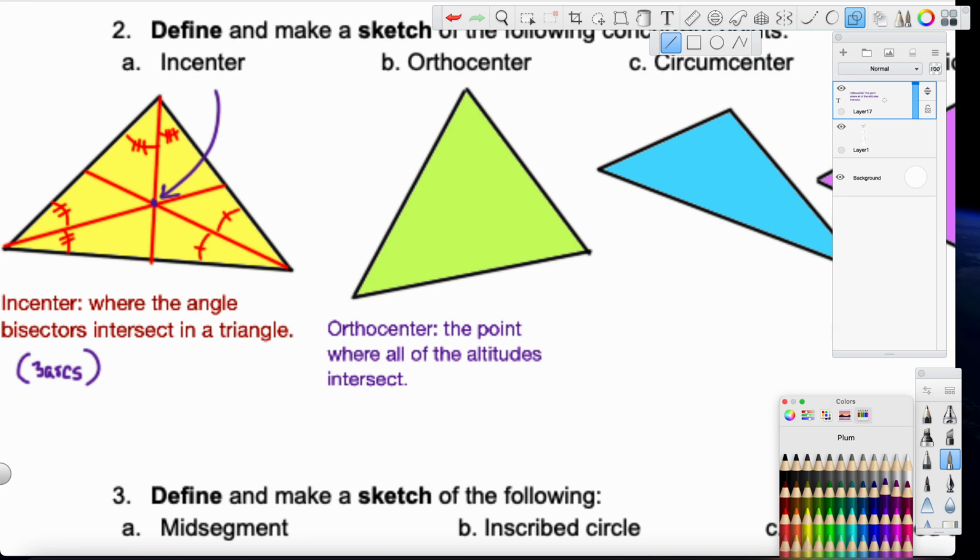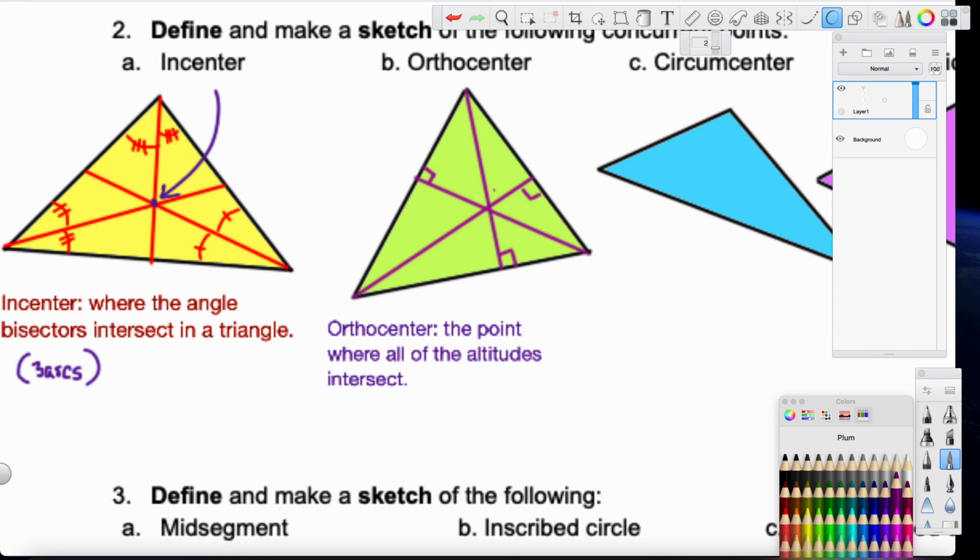So for this one we got to do altitudes. Okay, so altitude goes from the vertex to the opposite side, forming a 90. Vertex to the opposite side, forming a 90. And this is the orthocenter. Right there. All the altitudes.